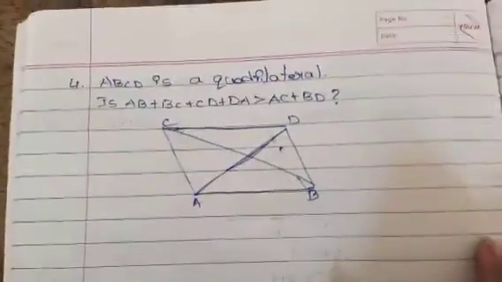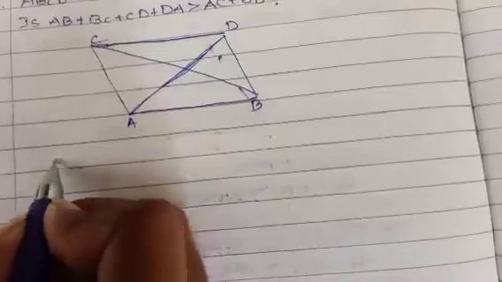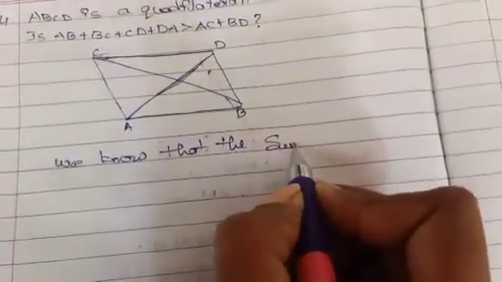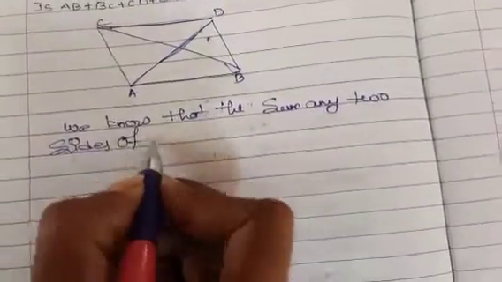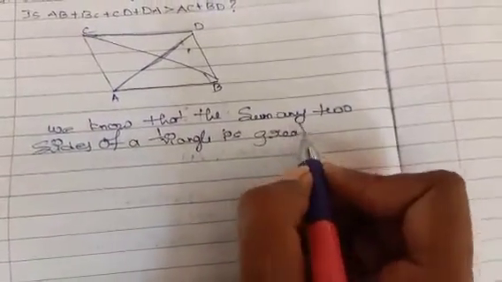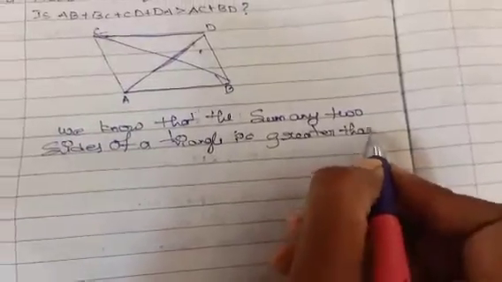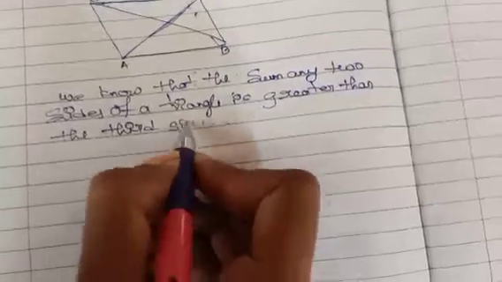So as in the previous question, we have to consider the same. What we have to write here: we know that the sum of any two sides of a triangle is greater than the third side.